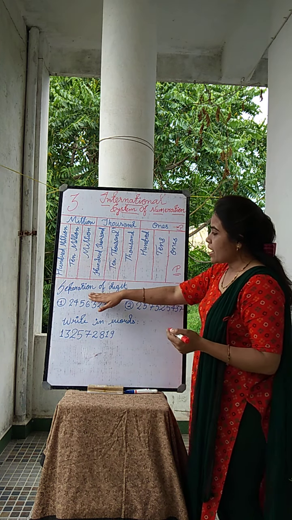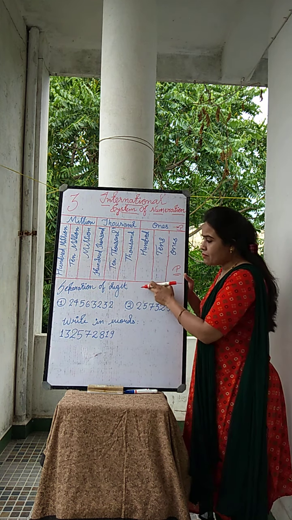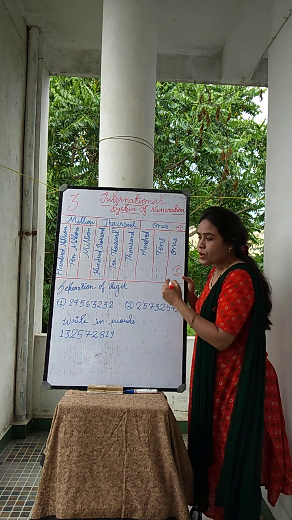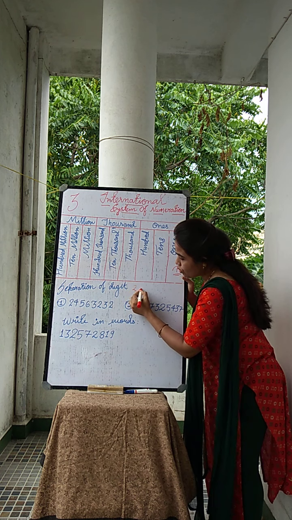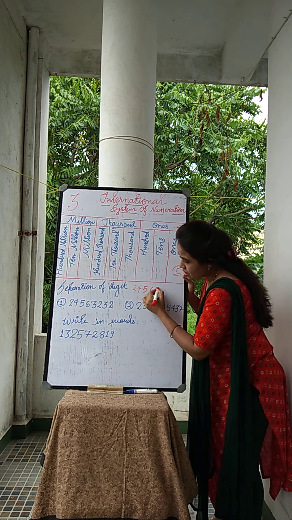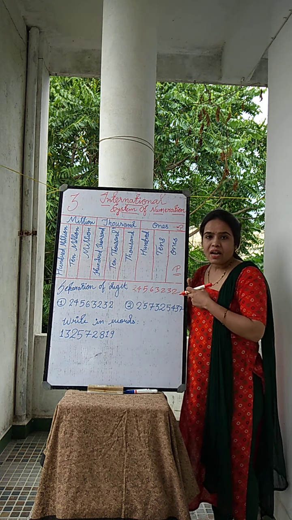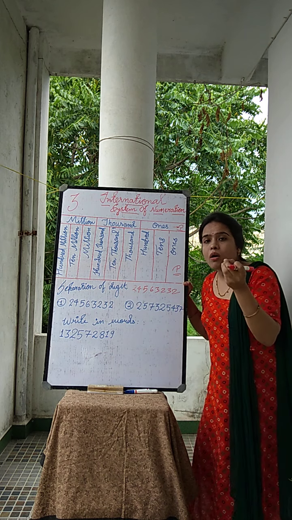So for this we are now understanding separation of the digits. First I am explaining the Indian system, how we are separating the numbers in the Indian system. Suppose this is the number, 2, 4, 5, 6, 3, 2, 3, 2, and we are separating it by placing commas in it.